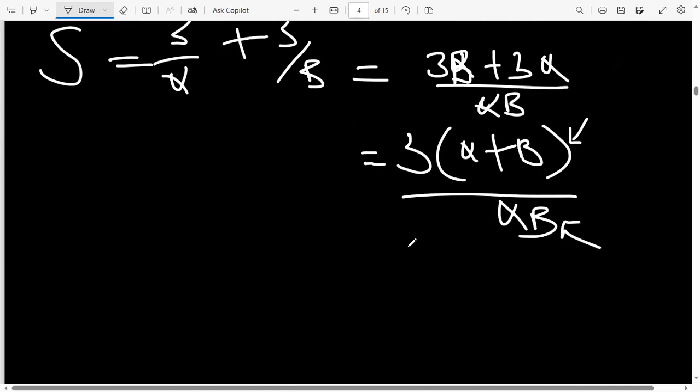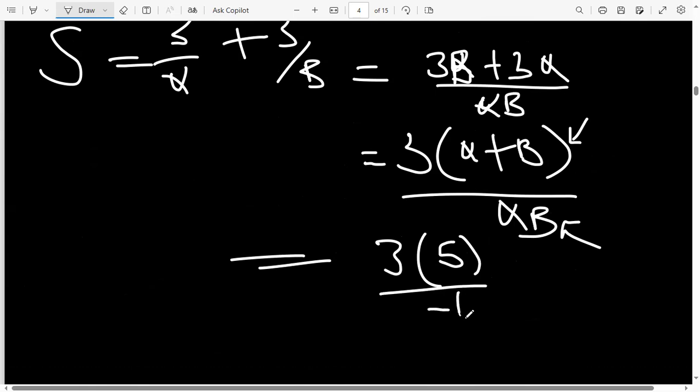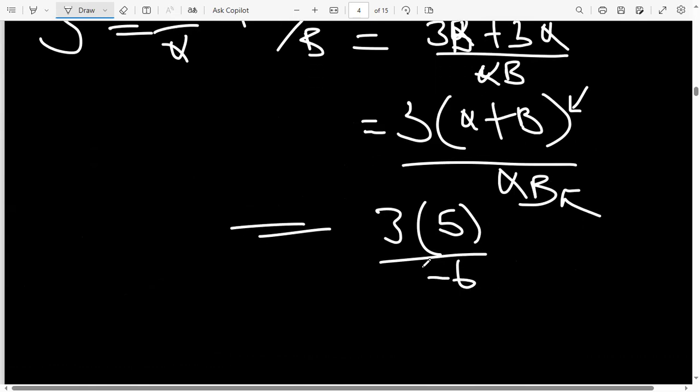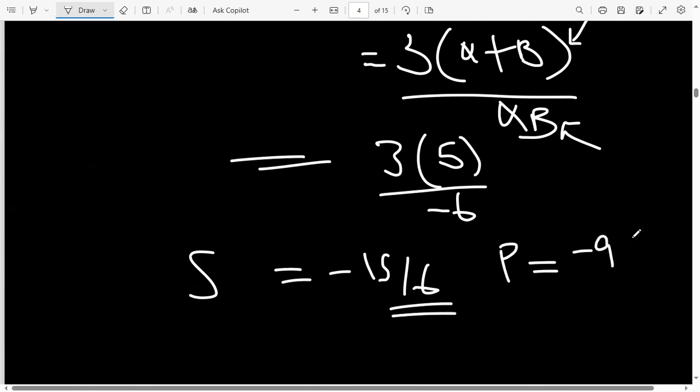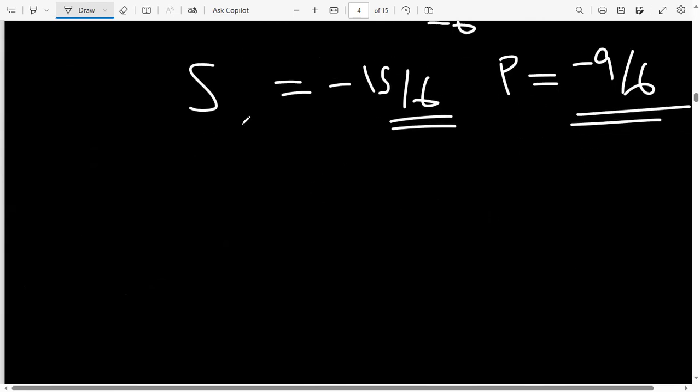So I replace here: 3, then 5 in place of alpha plus beta, and this one still minus 6. So my sum is minus 15 over 6, and the product, we found, was minus 9 over 6.